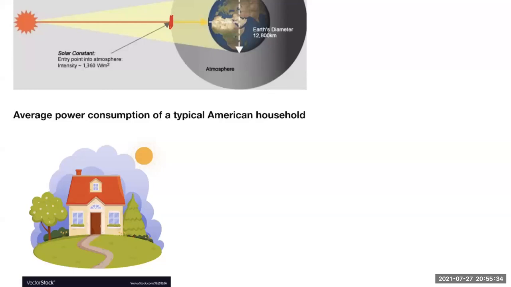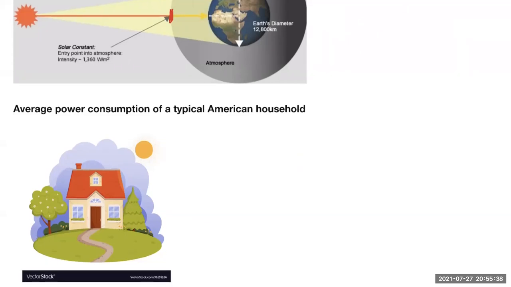Typically we're looking at maybe around 1 to 2 kilowatts. So typically the order of magnitude is 1 kilowatt. Some other countries, maybe this number will be a lot smaller. Americans are one of the biggest users of energy per capita.